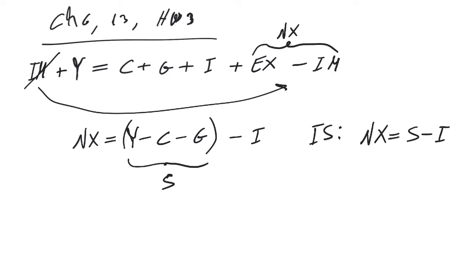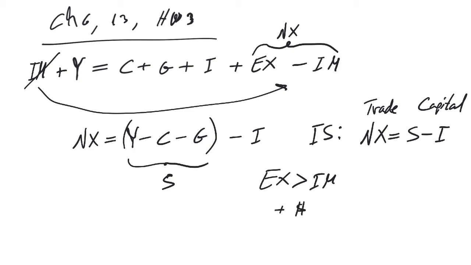And so we can see that the net export is a consequence of trade, and the saving minus investment is capital. So we have trade flows equal capital flows. So if we have more exports than imports, then we have a positive trade balance.